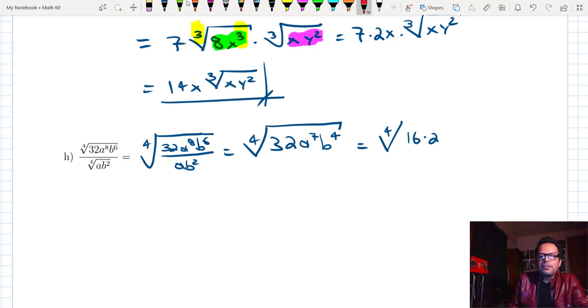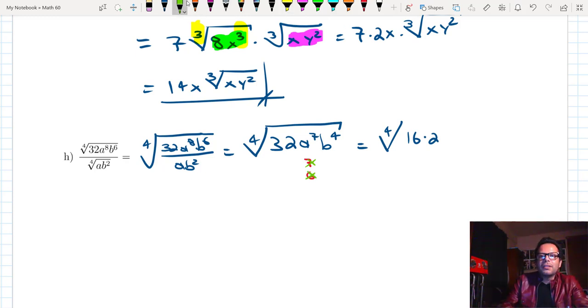Now, let's look at the power of a. Okay, 7 is the power. Is 7 divisible by 4? It is not. So, cross out that possibility. Let's do one below. 6. So, the question is, is 6 divisible by 4? The answer is no as well.